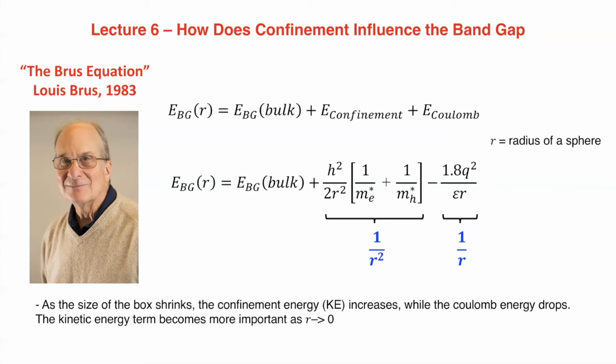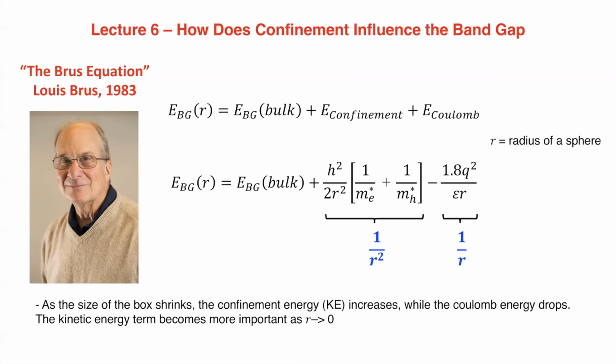He said, if you want to know the band gap of a semiconductor that is quantum confined, you have to start with the band gap of the bulk material, add the confinement energy, which is this kinetic energy piece, and then also consider the changes in the Coulomb potential, or the attraction of the electron and the hole to each other, the binding energy of that electron hole. So he took each of those 3 parts and solved the individual components.